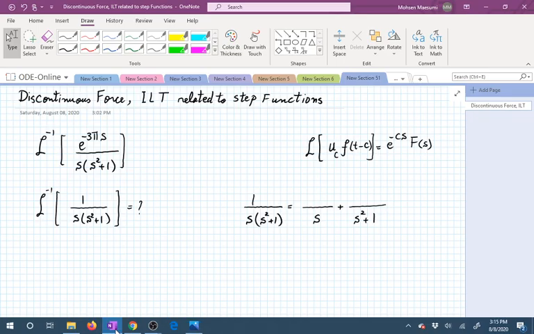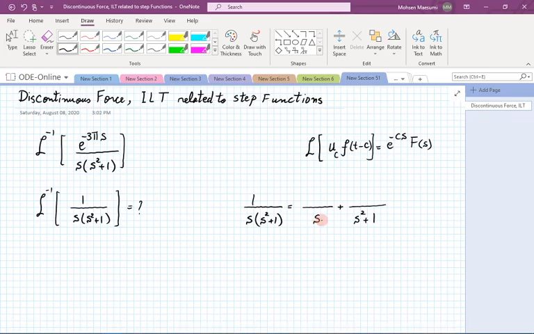So the story was that if the denominator is linear or a power of a linear, the numerator is just going to be a number. And if the denominator is an irreducible quadratic or a power of such a thing, the numerator would be a linear expression, that means like bs plus c.